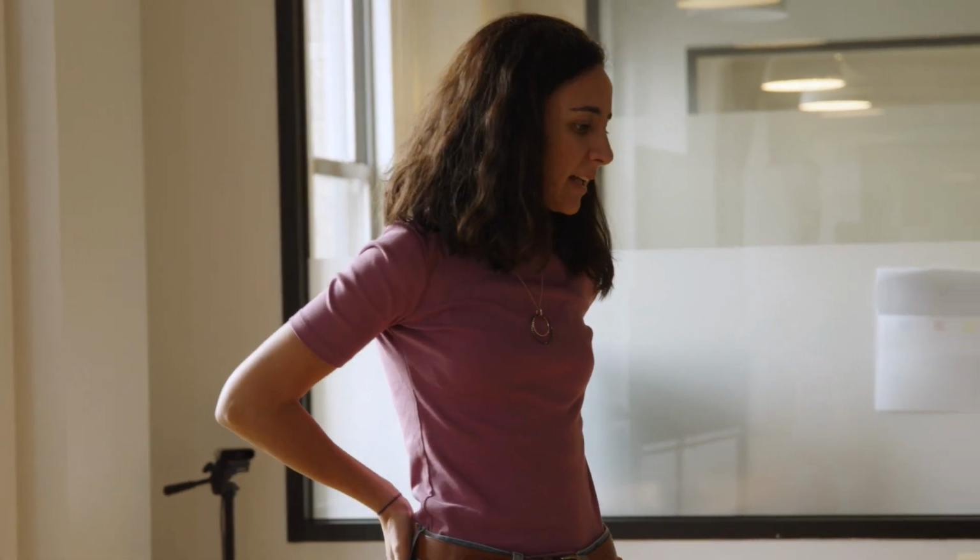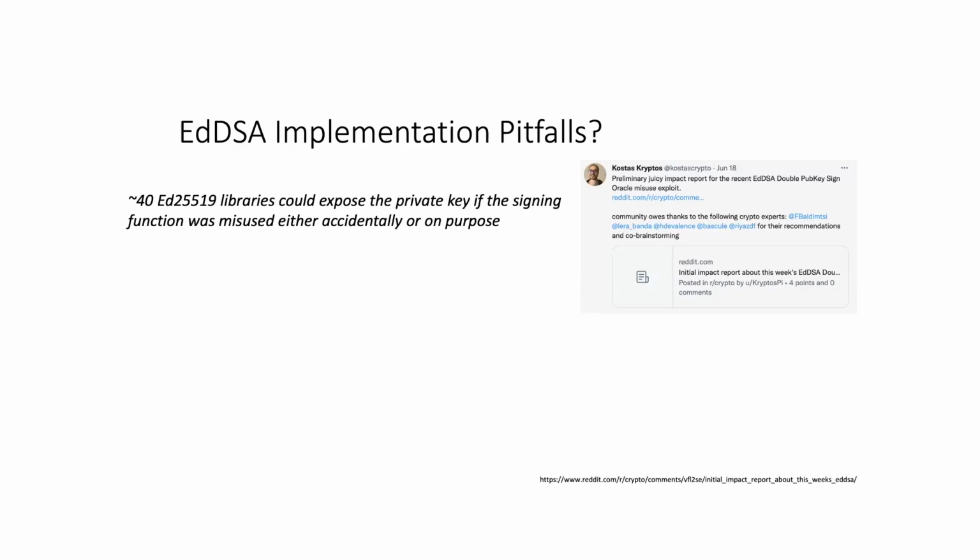They found out that roughly 40 ECDSA libraries for the particular Ed25519 curve would expose the private key if the signing function was misused, either accidentally or on purpose.